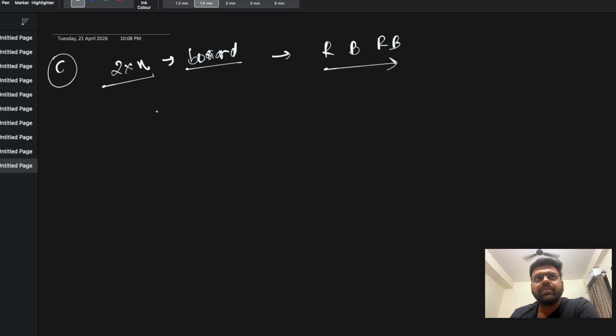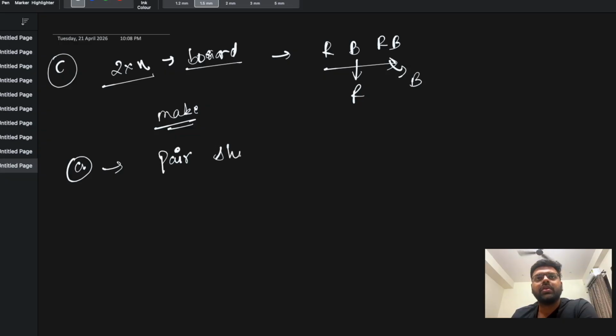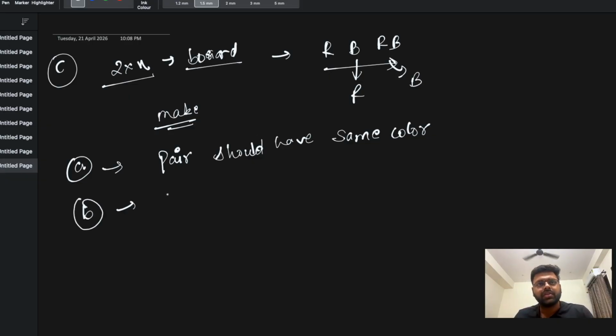What you have to do is repaint, some blue to red or some red to blue, to make the two conditions possible. The first condition is that the pair that we are choosing should have the same color, and they share a side.